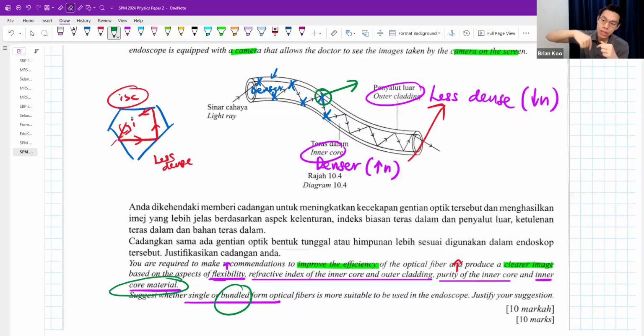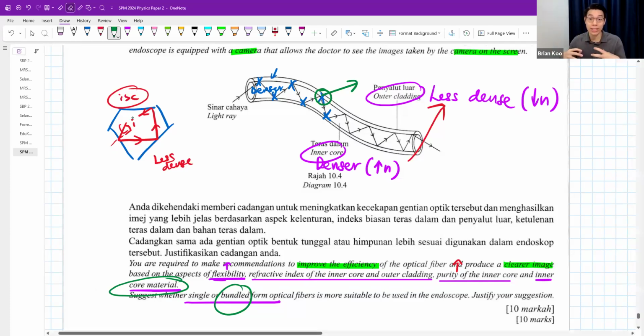Okay, so the image is captured by every single fiber will capture like a tiny pixel. Okay, a tiny pixel to create an image of what is happening inside. And somehow you put a tiny camera inside to capture all that light and send to the computer so that you can see it on the screen.